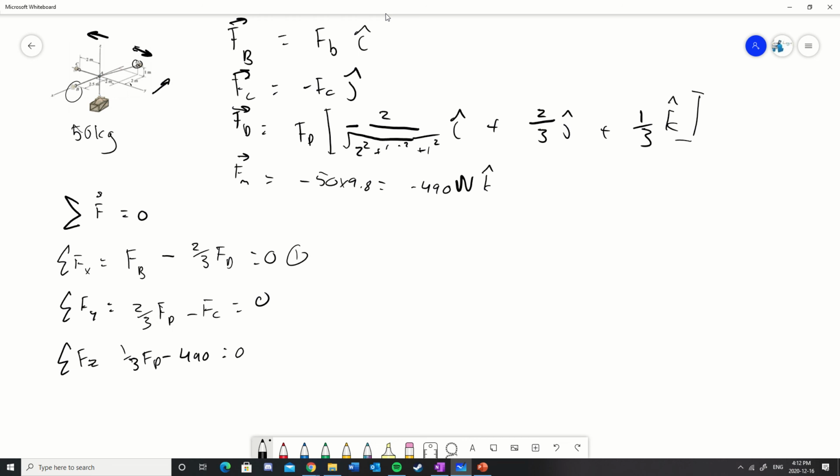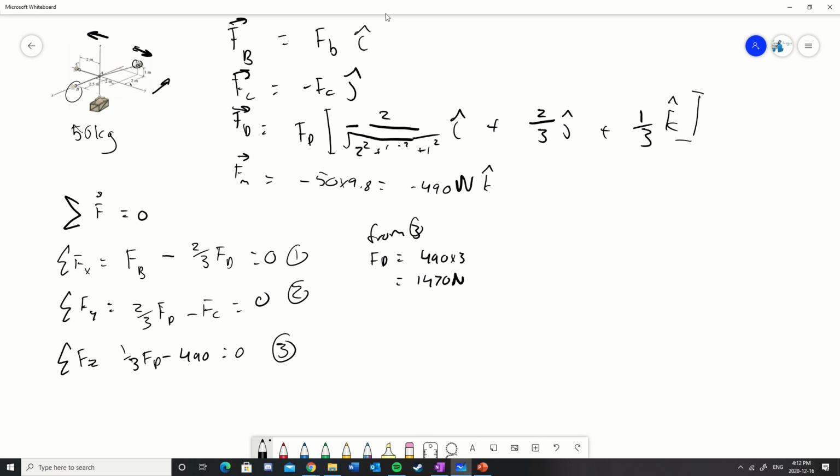So we've got equations 1, 2, and 3. We've got one equation where we can easily solve for the unknown. From 3, we can find that FD is equal to 490 times 3, which is equal to 1470 newtons.